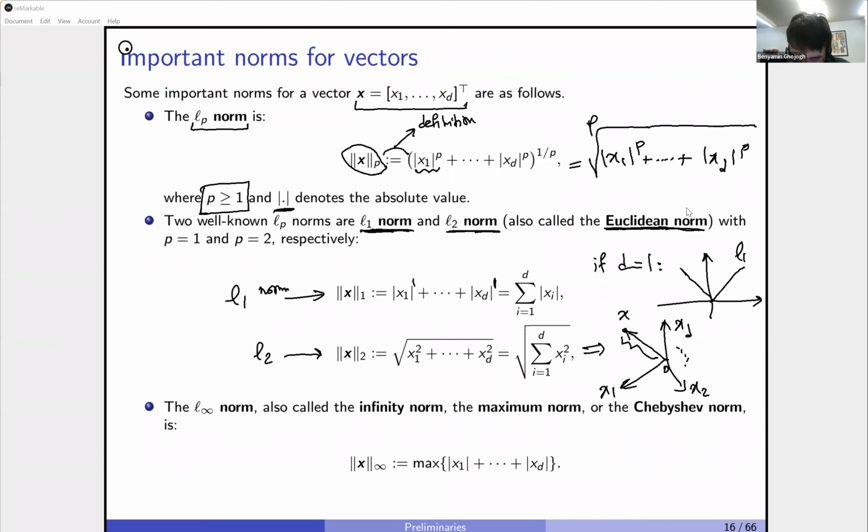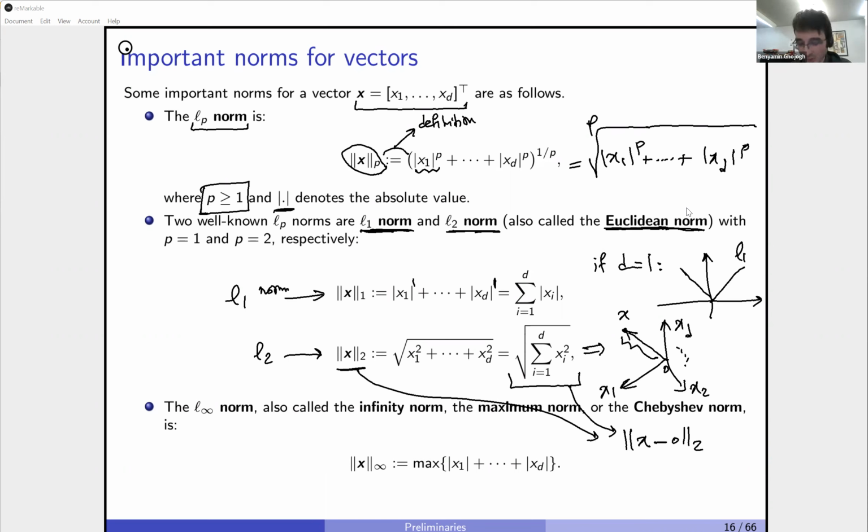I think it's obvious, right? Because this is exactly the length of the vector x, the definition of the length of a vector. And you can also see it this way: this is the L2 norm of x minus 0.